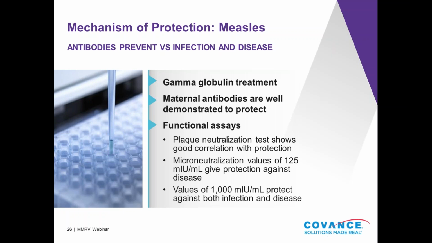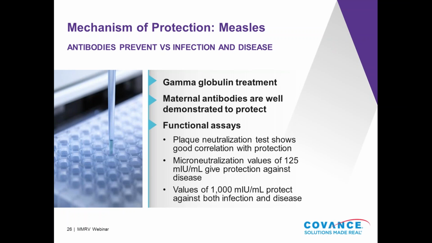For example, we know that either a gamma globulin treatment or maternal antibodies protect against the disease. Antibody-based functional in vitro assays also correlate with vaccine protection.